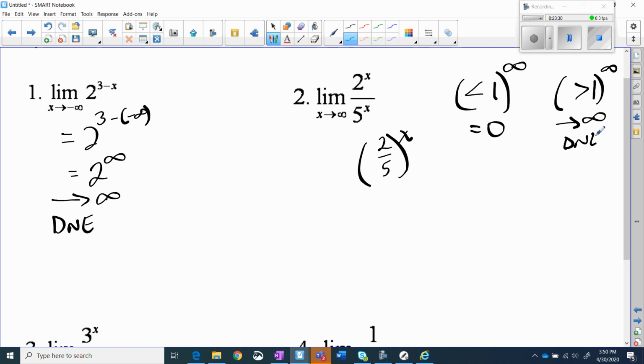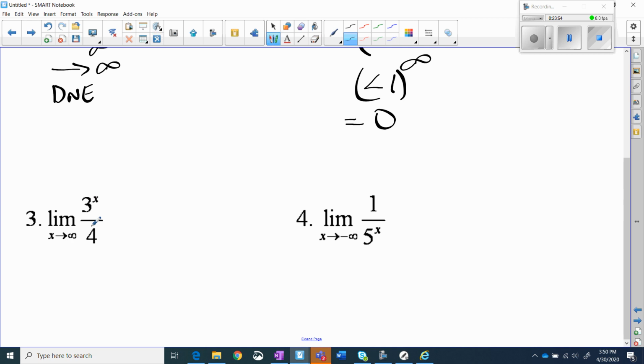This scenario does not exist. So all you got to do is when you get to here, say, okay, I have a number smaller than 1. I'm raising it to a really big exponent. That is going to ensure that I get closer and closer to 0. So again, not a lot of work physically shown there, a lot of mathematical number sense reasoning going on up in your head.